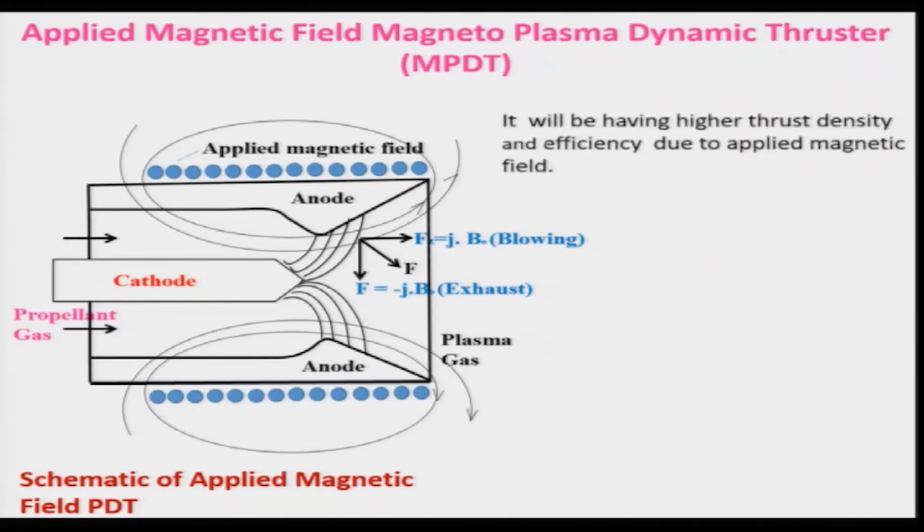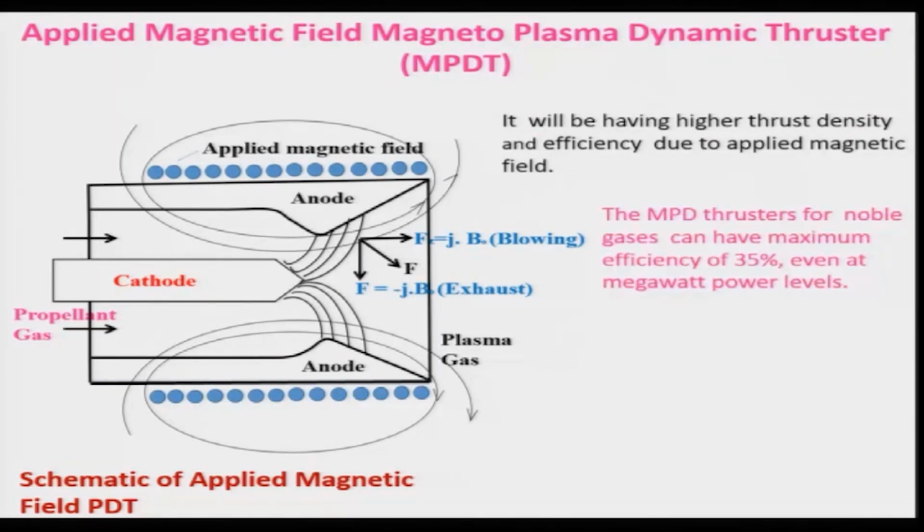And as the magnetic field is applied externally, it will have higher thrust density, and efficiency will also be higher. And this kind of thruster for noble gases can have a maximum efficiency of 35% even at a megawatt power level.